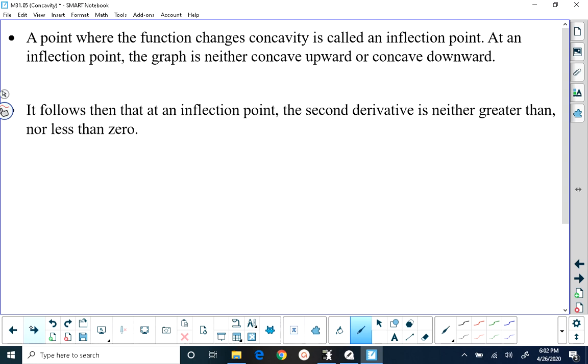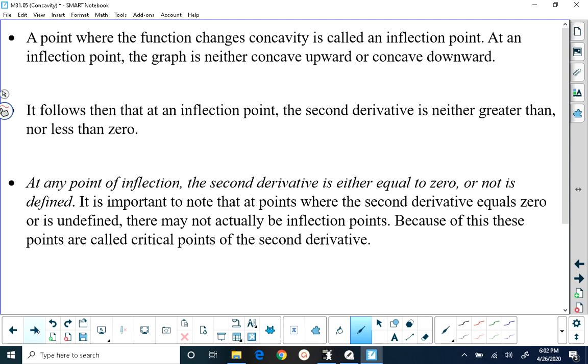At an inflection point, the second derivative is neither greater than 0, nor is it less than 0. So what am I saying here? I'm saying that if by definition an inflection point is where it's neither concave up nor concave down, then it's reasonable to say that the second derivative cannot be positive and it cannot be negative.